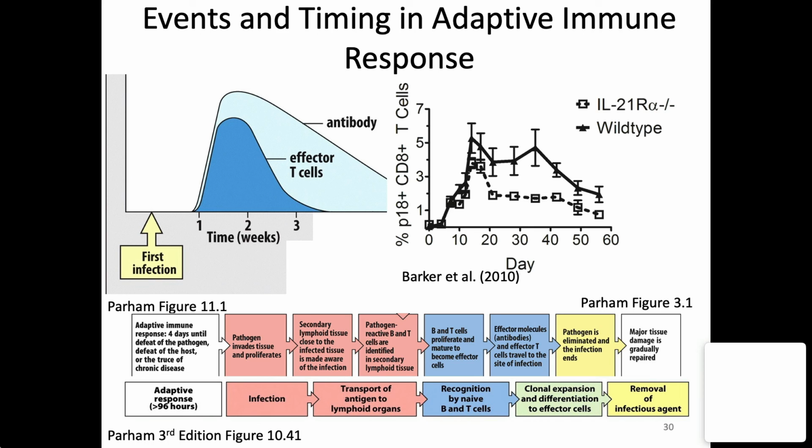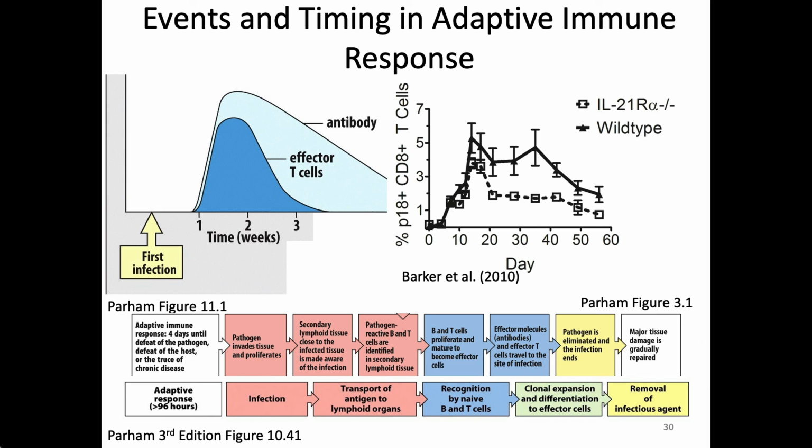All right, so all of this discussion has really been, as I mentioned, in service of us thinking about the timing of adaptive immune responses, as we look at the timing of T cell responses. The first thing that has to happen is those T cells have to get to the secondary lymphoid organ.